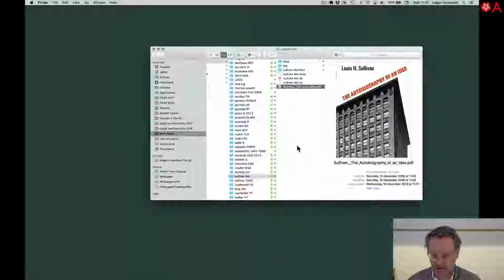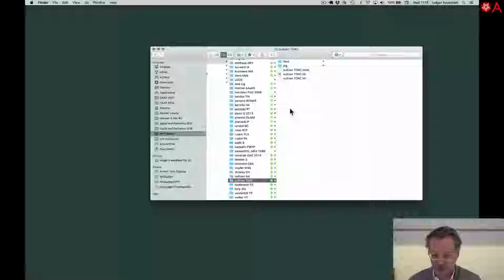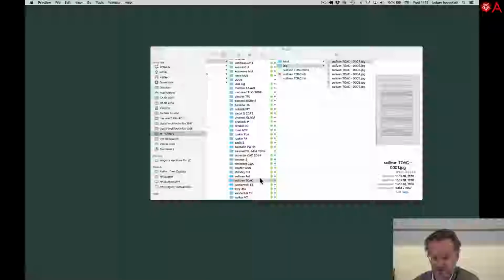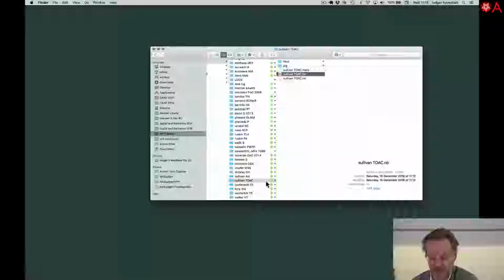And I got this article by Sullivan, where this slogan, form follows function, comes from. It's called The Tall Office Building Artistically Considered, and it's an article of 7 pages. So I processed both of them and have a mathematical document.